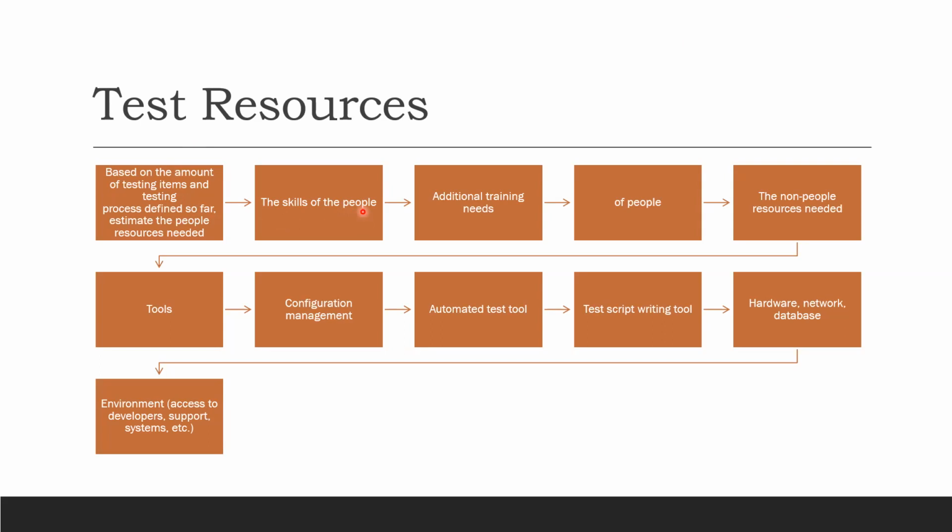But different skill sets as well are very important. And these skill sets also become a resource, because you have to spend more on somebody who has the skill set that you need, right? Or someone who is specific to a type of testing, right?